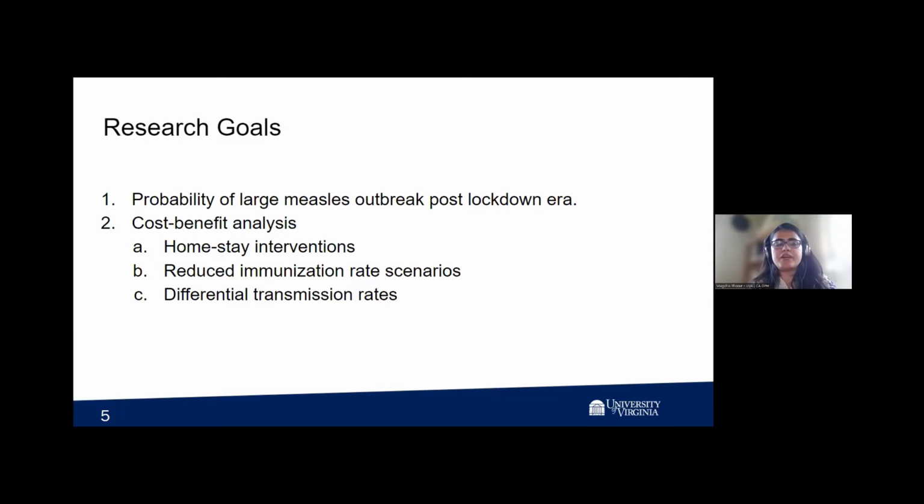But then we also look at this probability in different scenarios: what if the transmission rate is different due to changes in social behavior, or if we include interventions like staying home due to isolation or quarantine, then how much can it impact in different post-lockdown immunization scenarios.